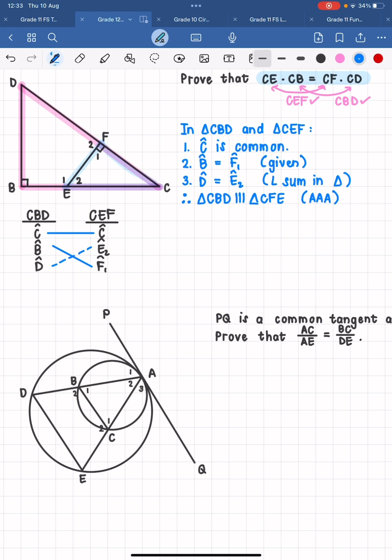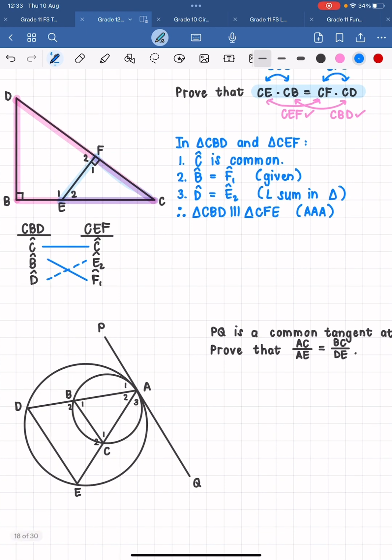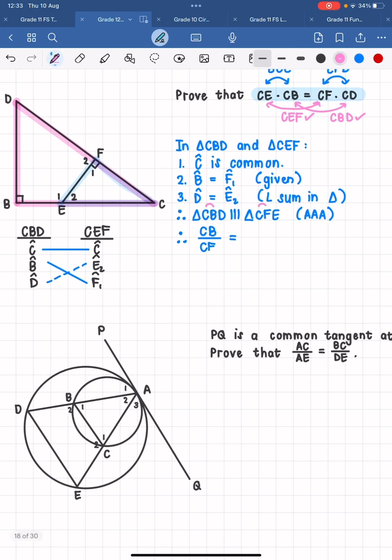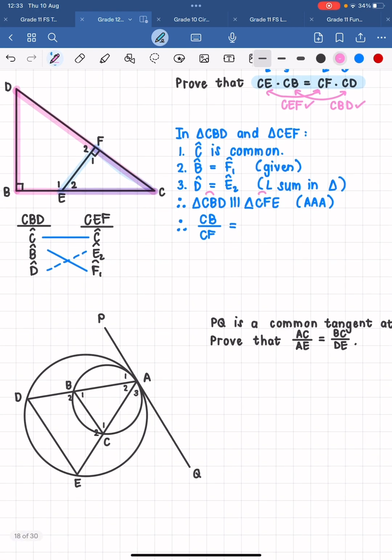Now we can write the fractions from there. So I'm going to say CB over CF is equal to... Now guys, if I just do my frog faces for the next two, it's going to be BD and FE.